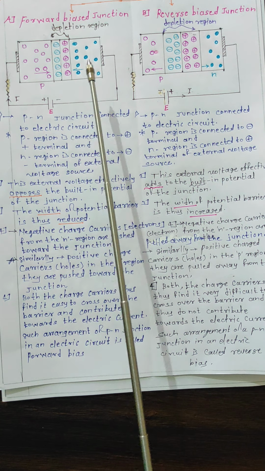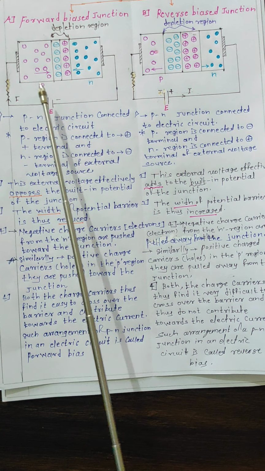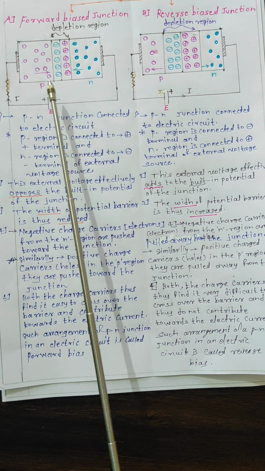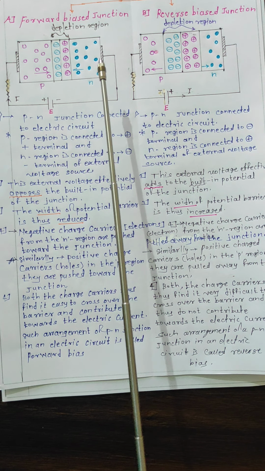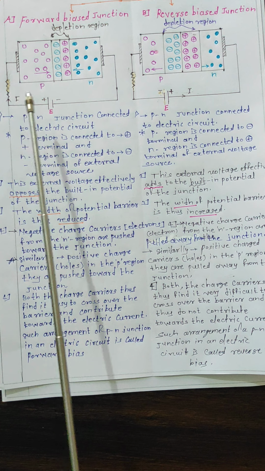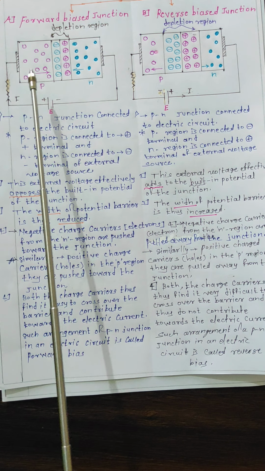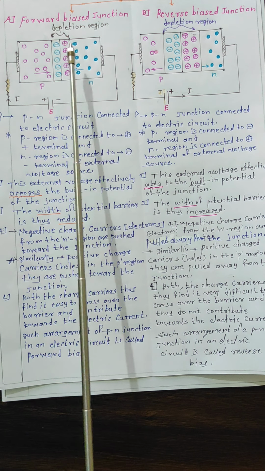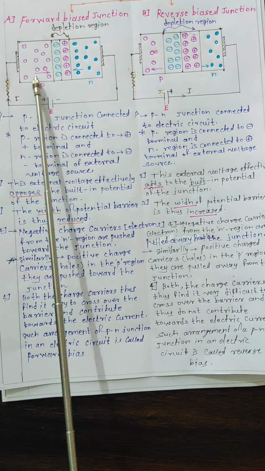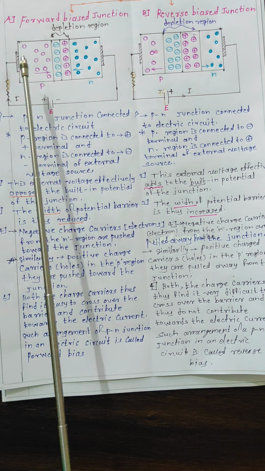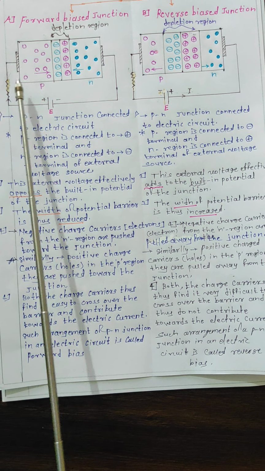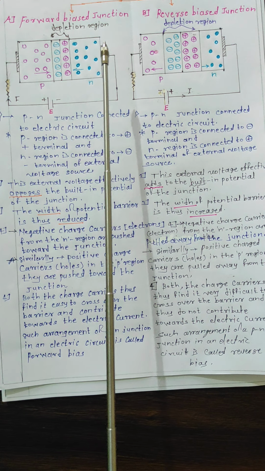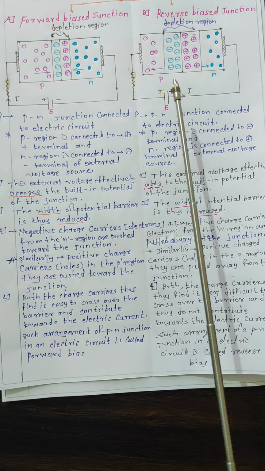In the forward bias junction, this p-n junction is connected to an external power supply, or external voltage, such as a battery. So in the figure the junction is connected to an electric circuit, where the p region is connected to the positive terminal and the n region is connected to the negative terminal of the external voltage source.